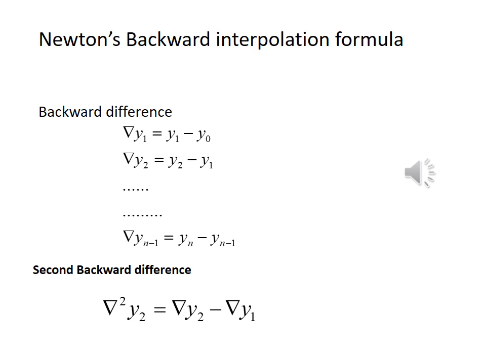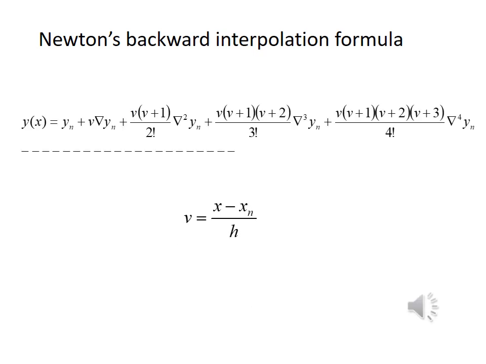Also, instead of y naught we take it as yn. Here we first calculate the backward difference and then the second backward difference. After you get all backward differences, you can calculate the value by using Newton's backward interpolation formula.